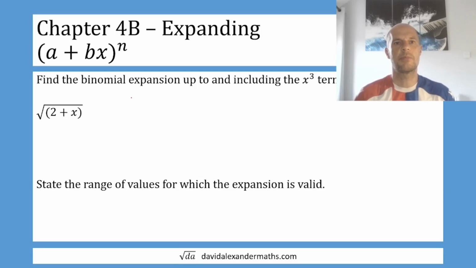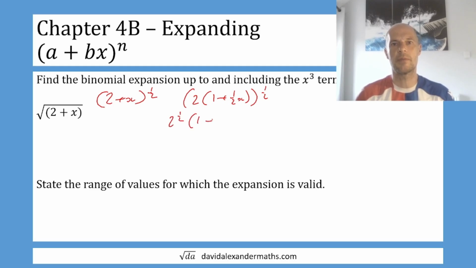Okay, so here's another example similar to the previous one. So first of all, we need to remember that this is (2 plus x) to the power of 1/2. The number is not 1, so we'll factor out the 2. So that's 2 lots of (1 plus 1/2 x), all to the power of 1/2, and that is 2 to the half multiplied by (1 plus 1/2 x) to the power of 1/2. Now 2 to the half is root 2, so that is root 2 lots of, now let's do the expansion.